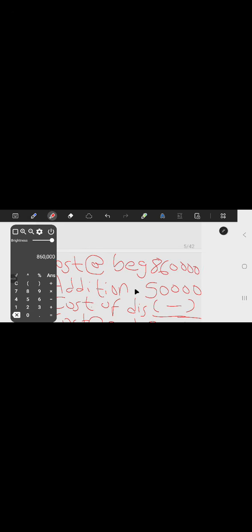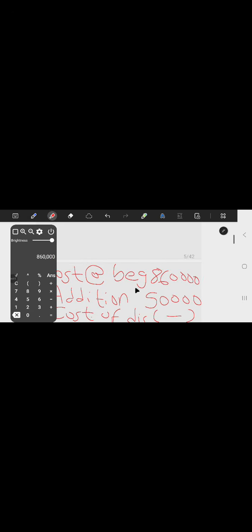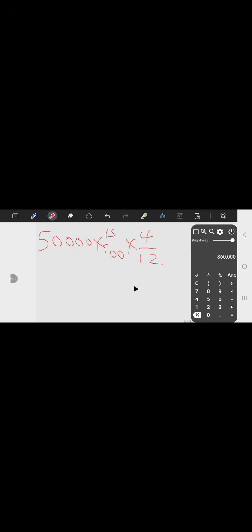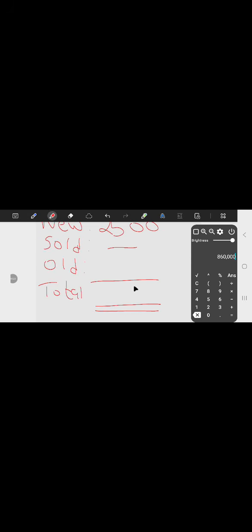860,000. Now, why are we calculating this? So that we can be able to determine our depreciation for the asset that has been there for the whole year. Right.